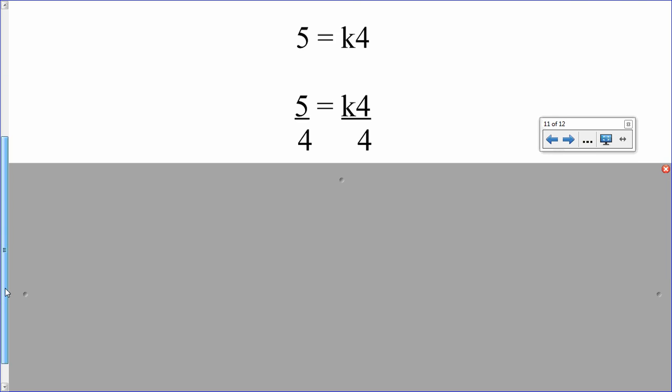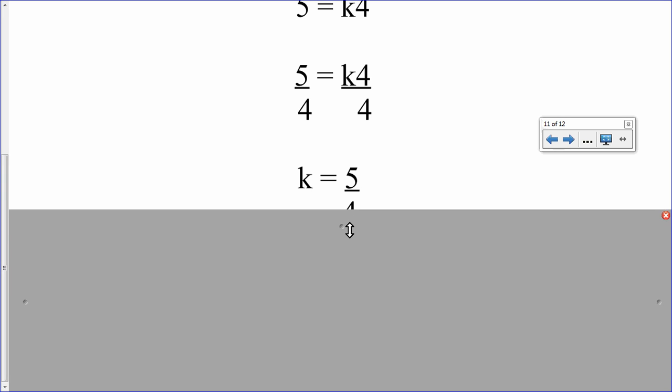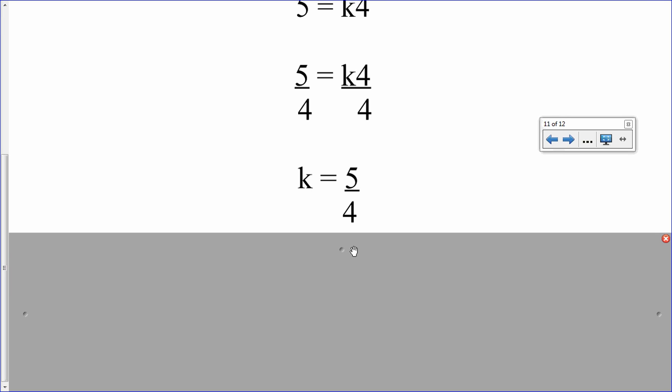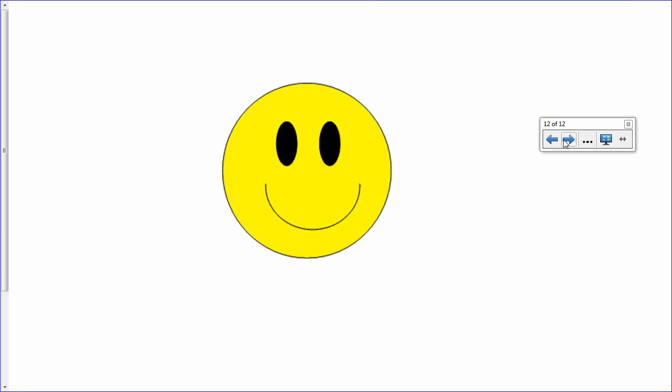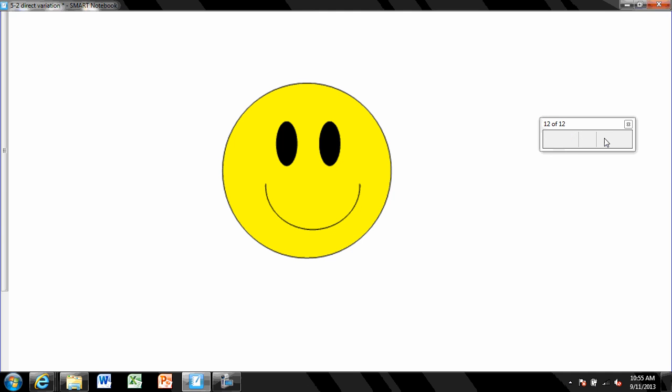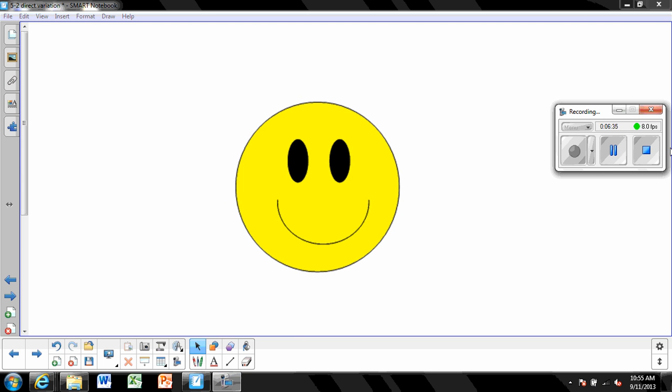So we have 5 equals k times 4. We need to get k by itself. So we're going to divide each side by 4. And our constant of variation is going to be equal to 5/4. Our equation then is y equals 5/4 times x.